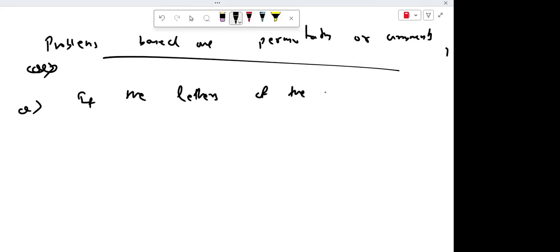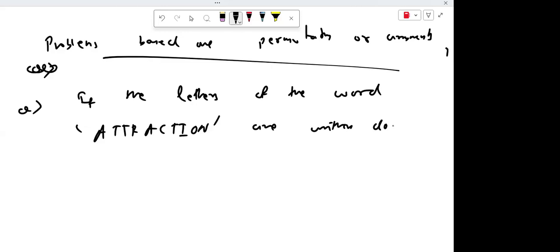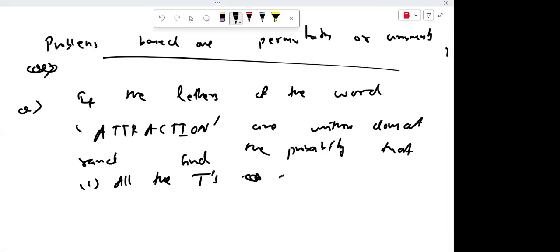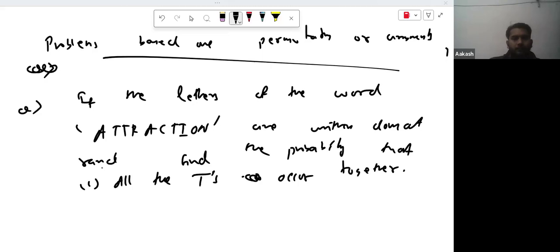If the letters of the word attraction are written down at random, find the probability that all the T's occur together. Okay, sir.